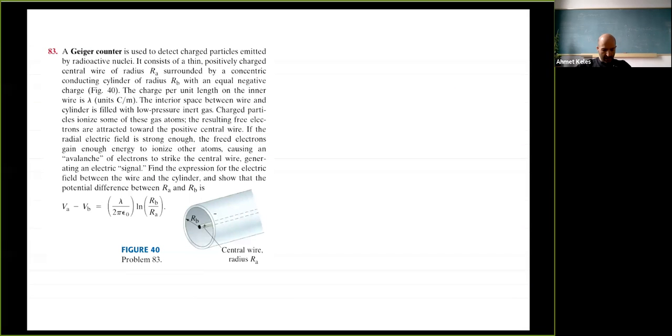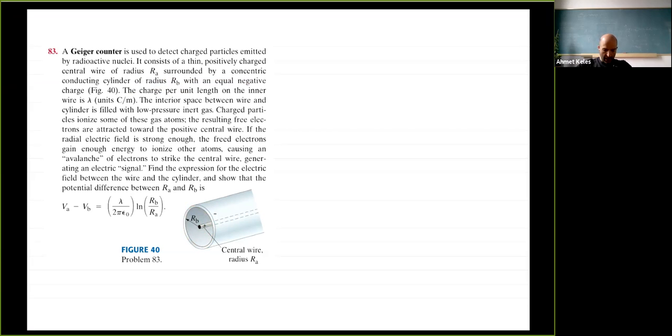A Geiger counter is used to detect charged particles emitted by radioactive nuclei. It consists of a thin, positively charged central wire of radius RA, surrounded by a concentric conducting cylinder of radius RB with equal negative charge.